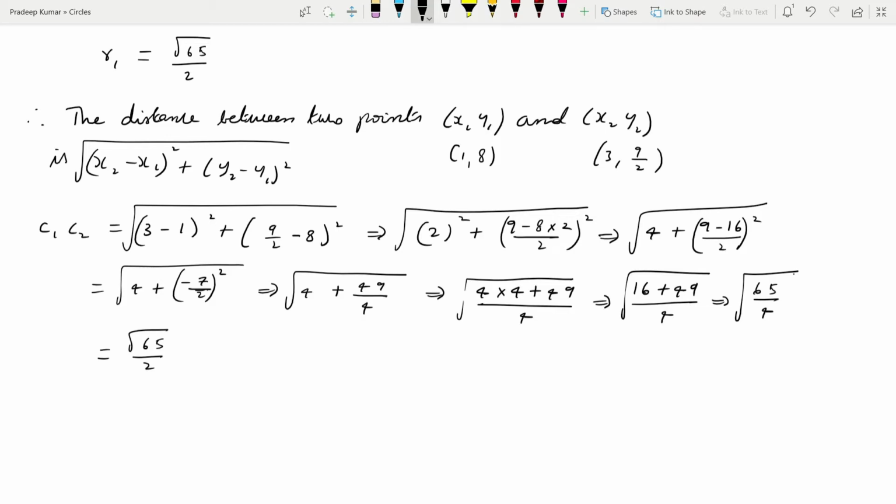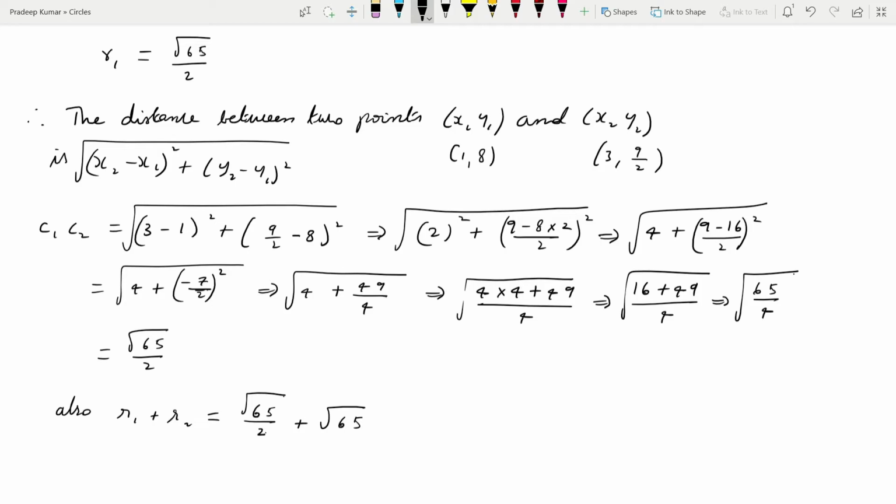Even we'll find by using the radius of both of the circles, then we'll get the idea whether the two circles were touching externally or internally. So for that, I can just write here also r1 plus r2 equal to, so what was the first radius which we got? That is root 65 by 2. This is the first radius which we got, and the second radius we got it as root 65. We have solved above, you can just check it out.